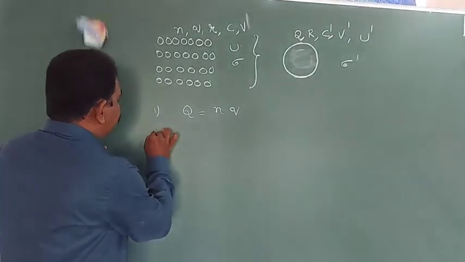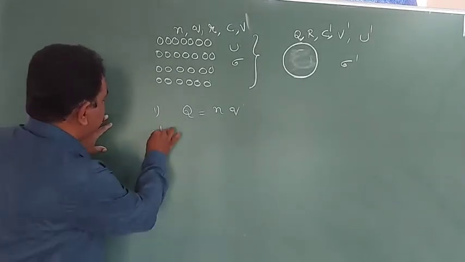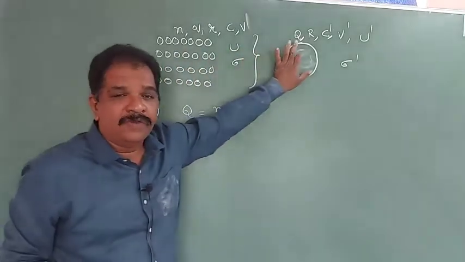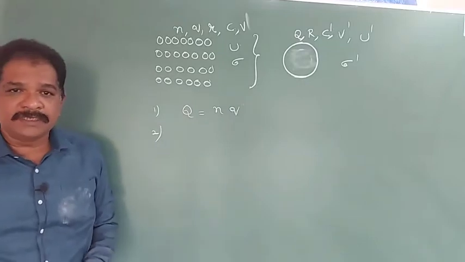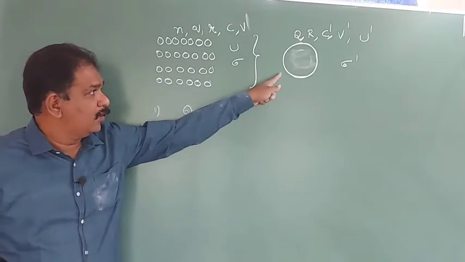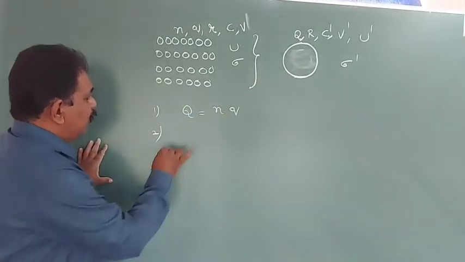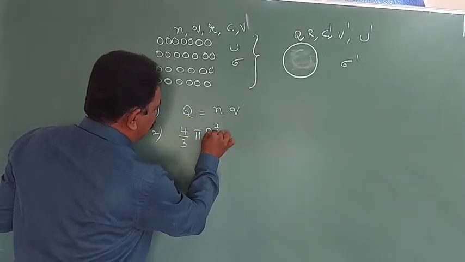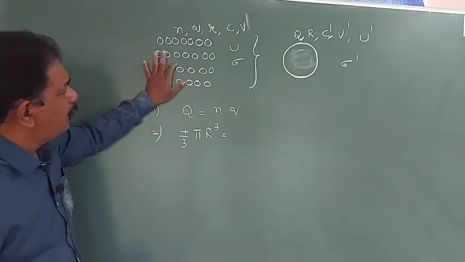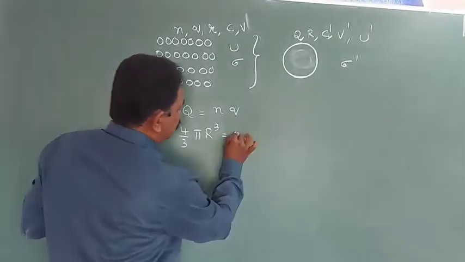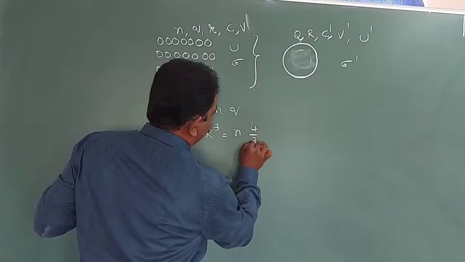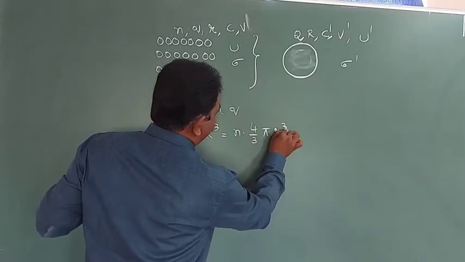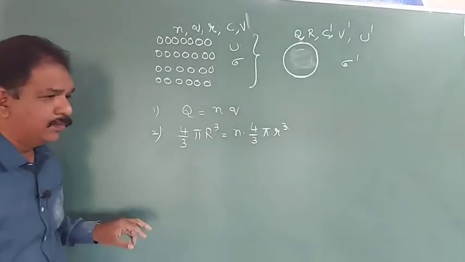Next, the volume of this and the volume of this will both be the same. Volume of this will be 4 by 3 pi capital R cube. Volume of n drops will be n into 4 by 3 pi small r cube.